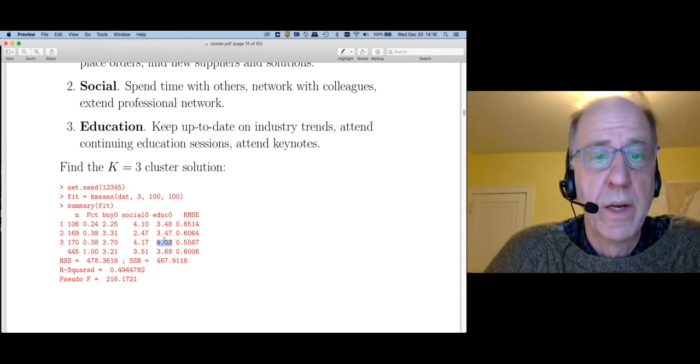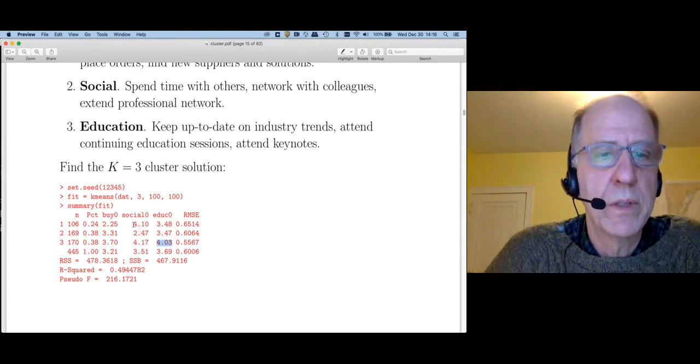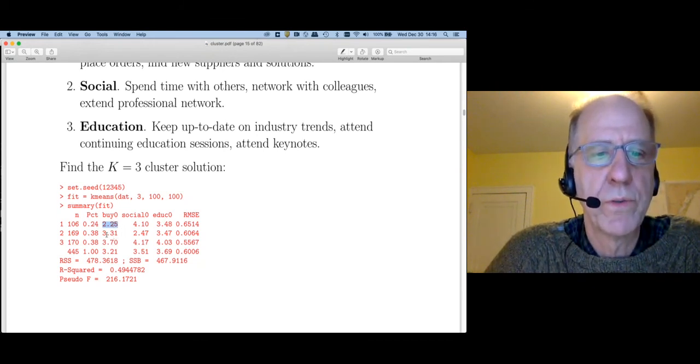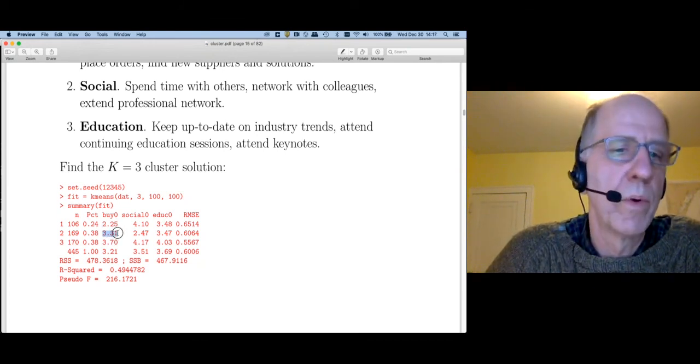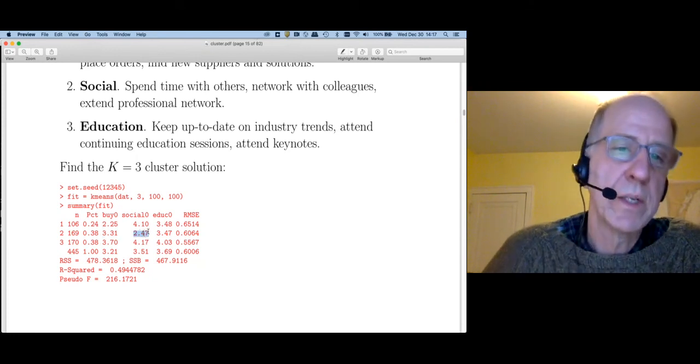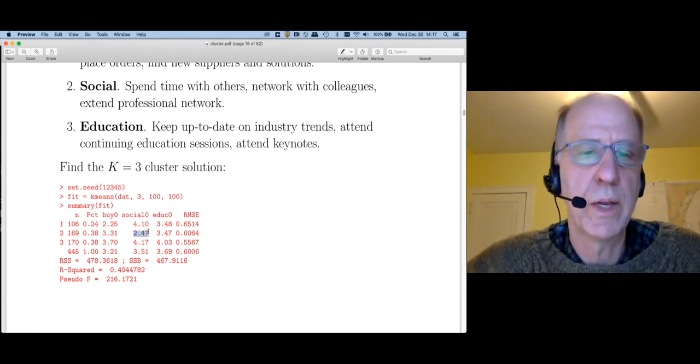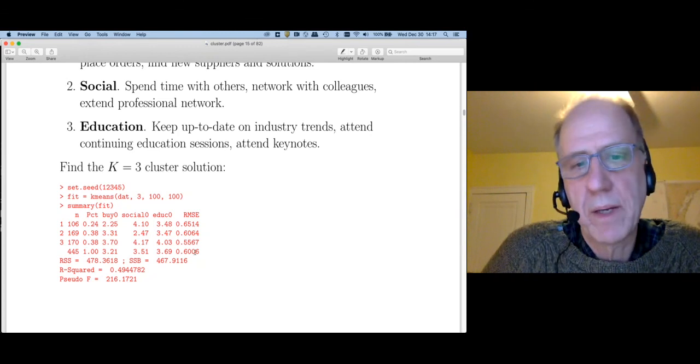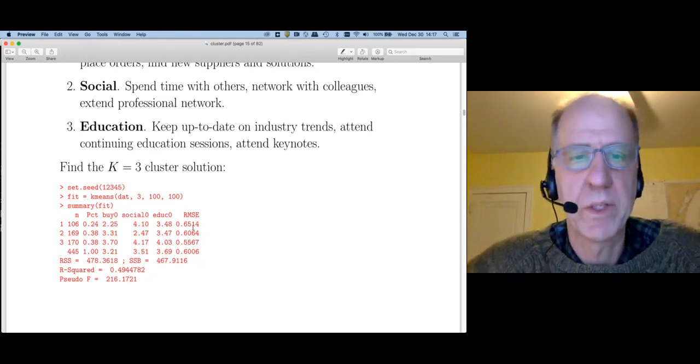On the other hand, Cluster 1 is much more interested in social and less interested in buying. The opposite is true for Cluster 2. So Cluster 2 is a little bit more interested in buying, less interested in socializing. It looks like all of my clusters have roughly the same amount of spread.